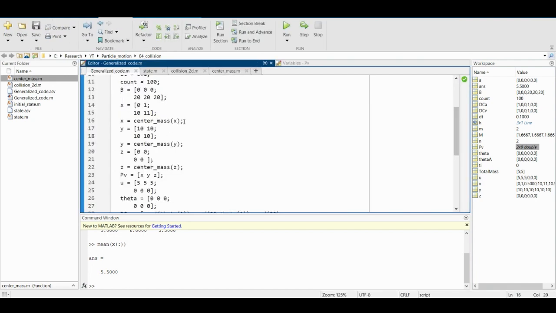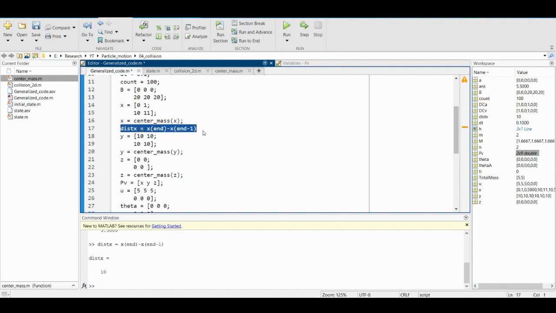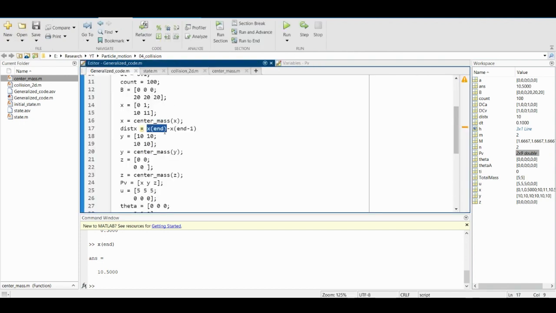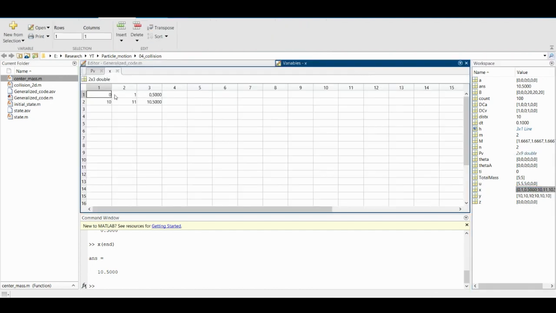Okay, I can do it like this: the distance x is equal to x end minus x end minus 1. What is x end minus 1? 0.5. What is x end? Wait a second. X.